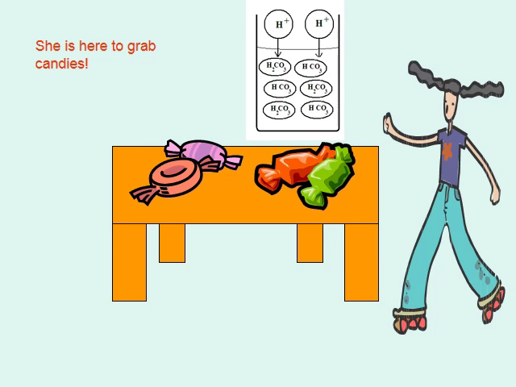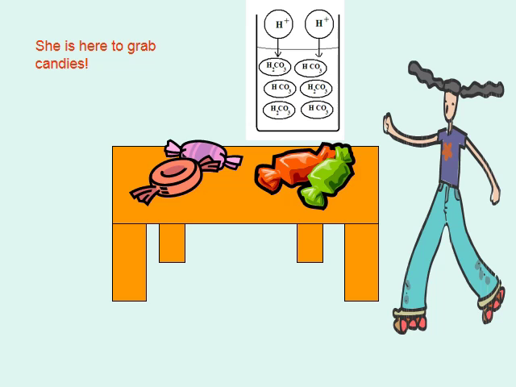Now here you see somebody came in and she's a candy lover. As soon as she comes in and sees all these candies lying on the table, see what is going to happen. Now this is comparable to H plus when you are adding or lying in the solution. If there are H2CO3 or HCO3 minus, HCO3 minus is going to grab H pluses.